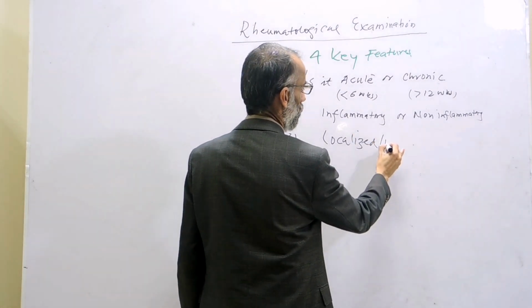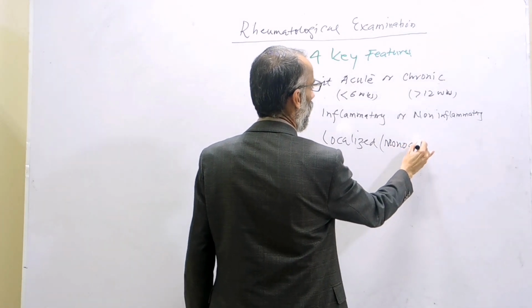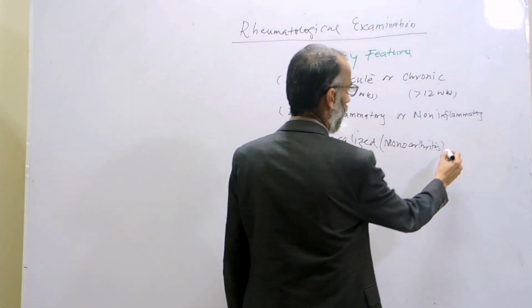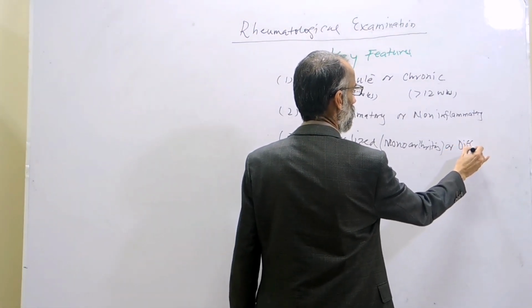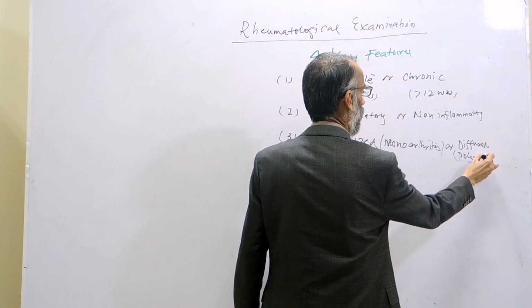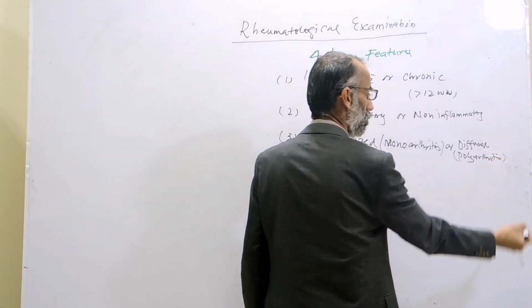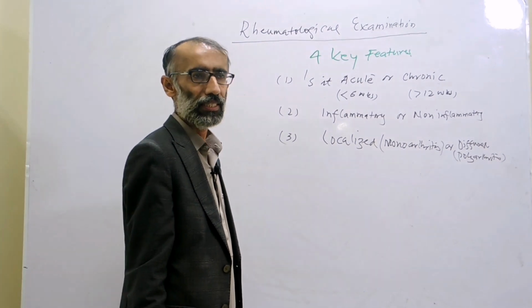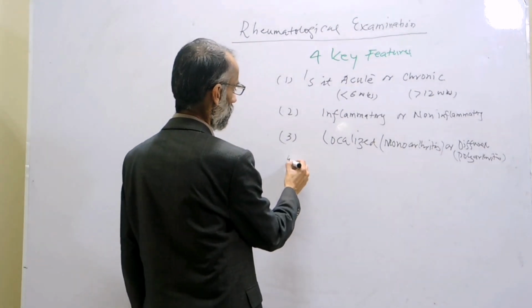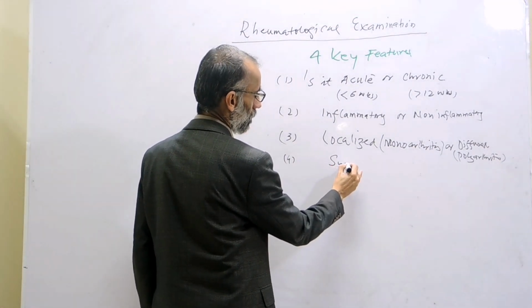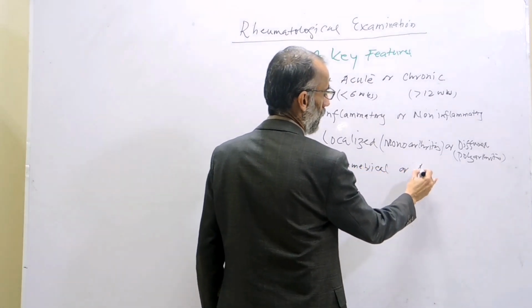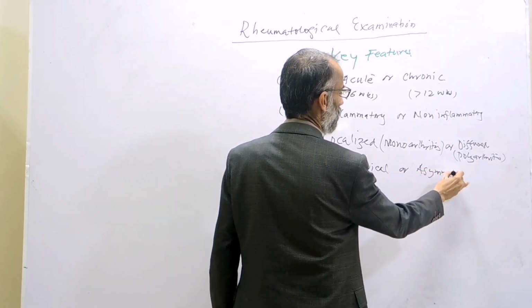Localized means monoarthritis, only one joint is involved, or diffuse means polyarthritis, more than one joint is involved, is called diffuse or polyarthritis. Is it symmetrical or asymmetrical?